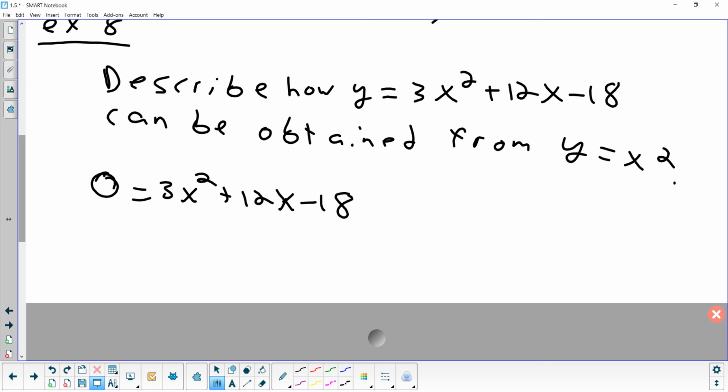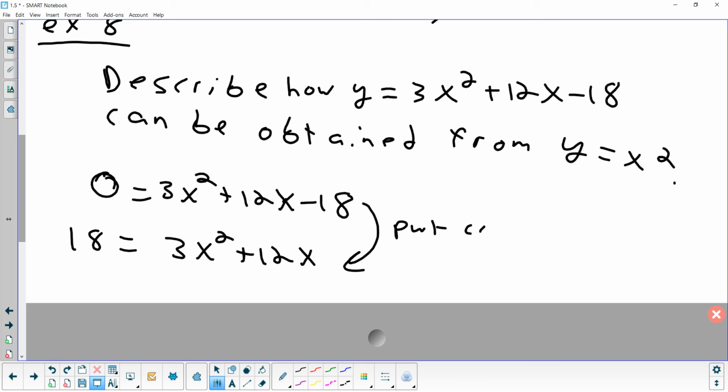Julie? And how would you move that to the other side? Add 18 to both sides. Once you get a little more familiar with it, you can do more than one step at once, but I'm showing each step. So from here to here, get constant alone.